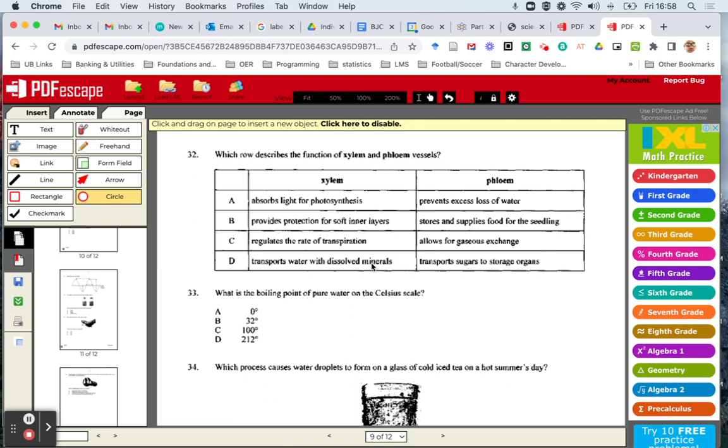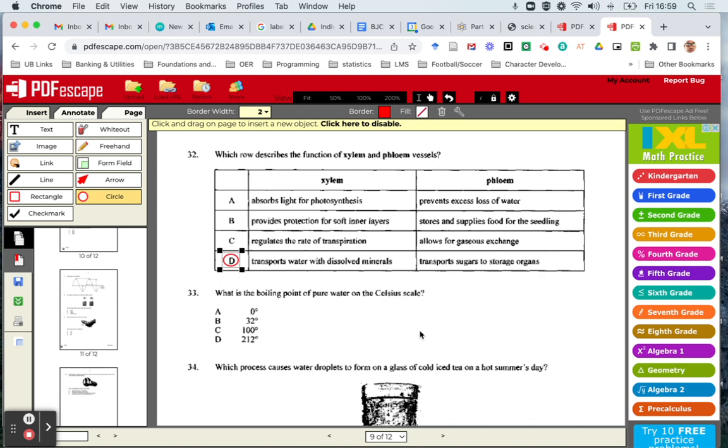So the only thing that's talking about the transports is D, so it's going to be D. Xylem transports water with dissolved minerals. Phloem transports sugar to storage areas.